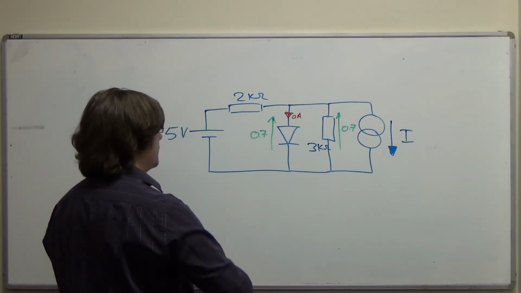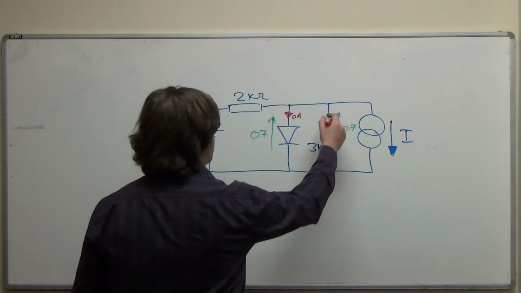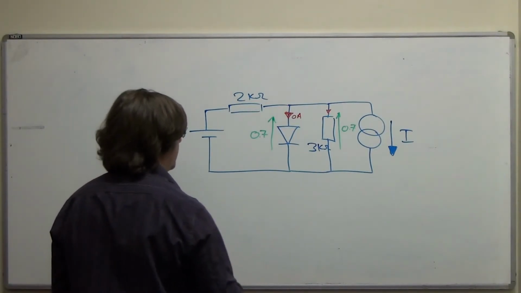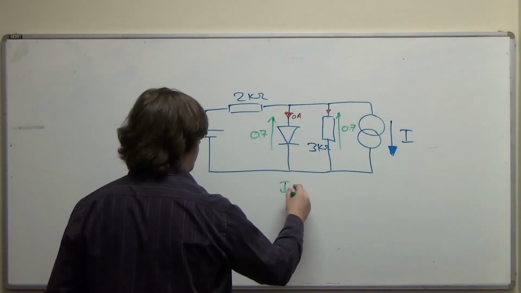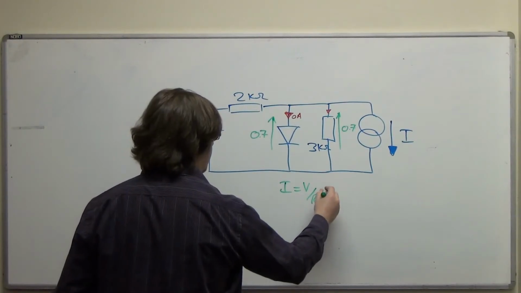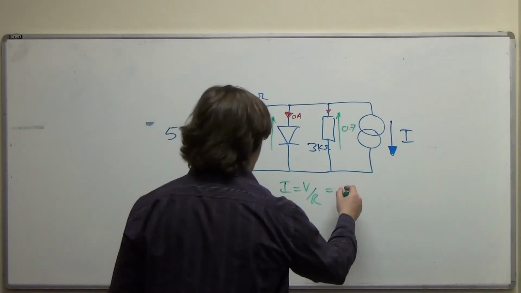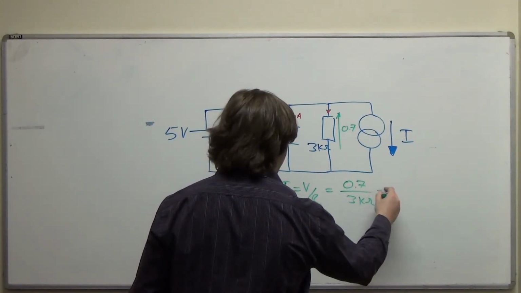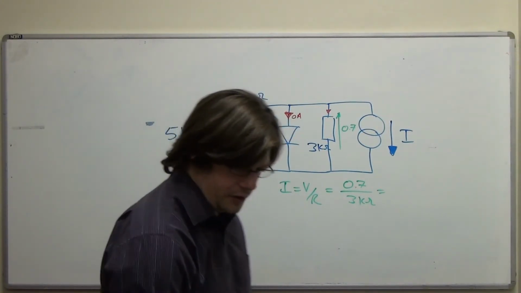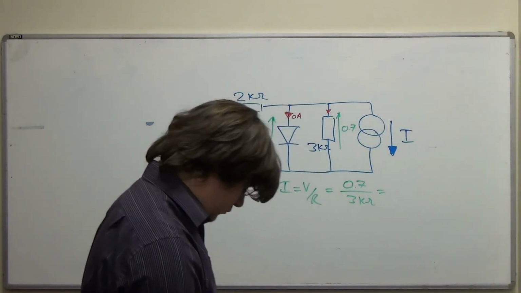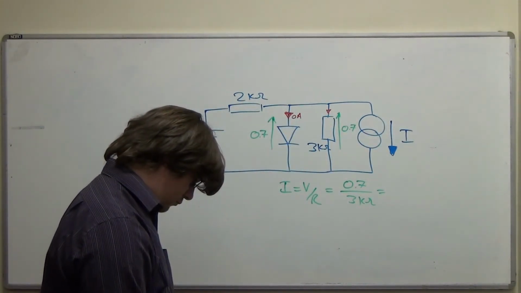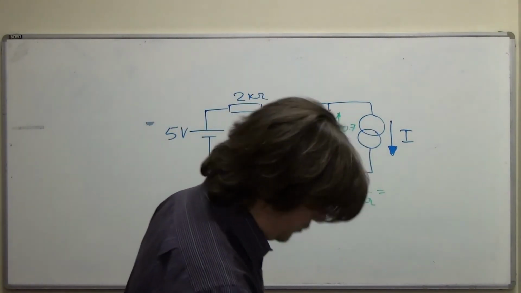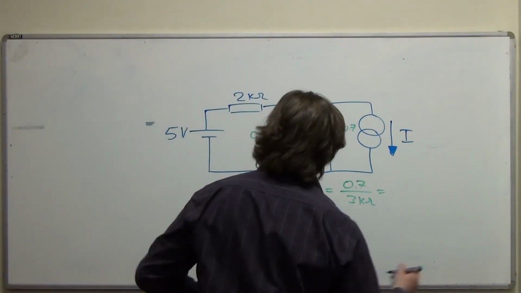So we'll be looking for this current here, and we'll say that I is V upon R, Ohm's law, and that's 0.7 divided by 3 kilo ohms, and that will be 233.33 microamps.